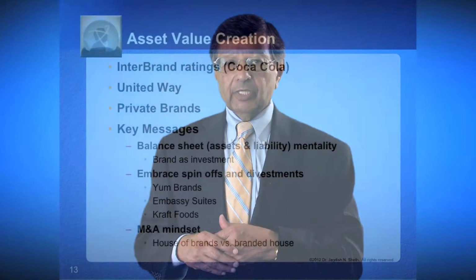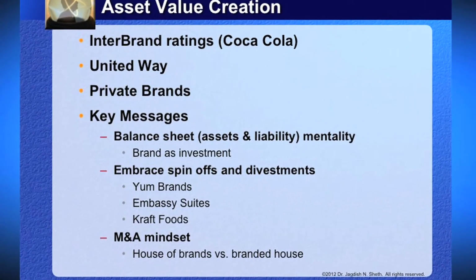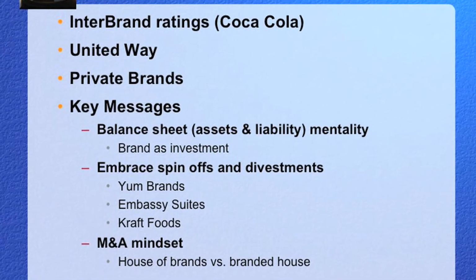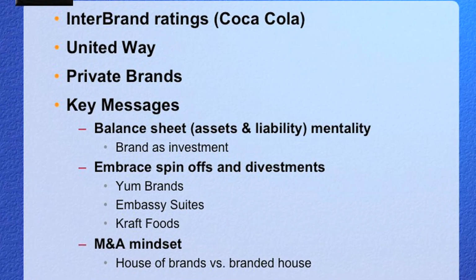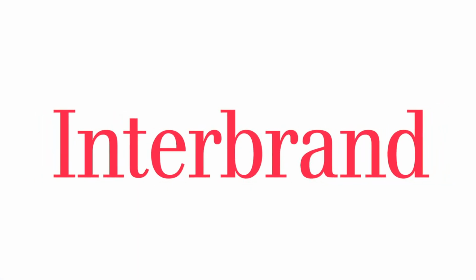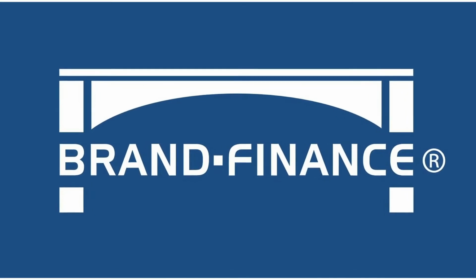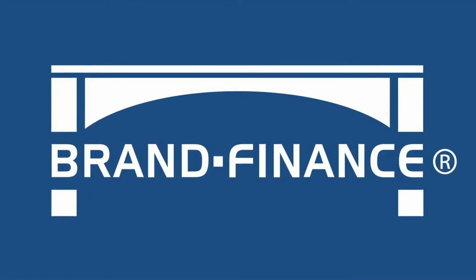The last use of branding for differential advantage has been to create an asset value out of your physical assets, like a factory or a product. There is a whole company that has emerged from the 80s called Interbrand, and there is a second company called Brand Finance, and they do an independent valuation of a brand independent of their product.